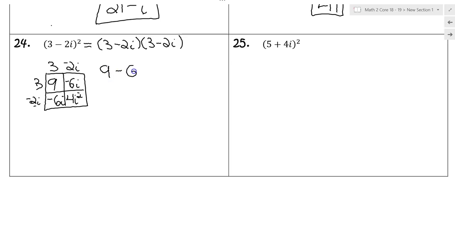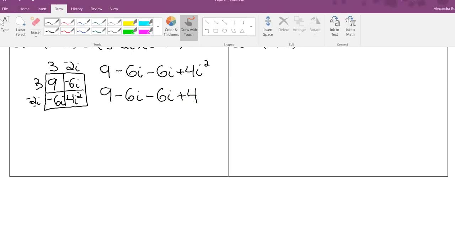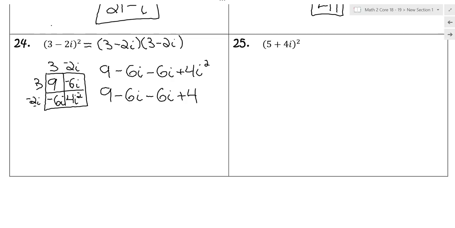So 9 minus 6i minus 6i plus 4i squared. Again, we have to replace the i squared with negative 1.